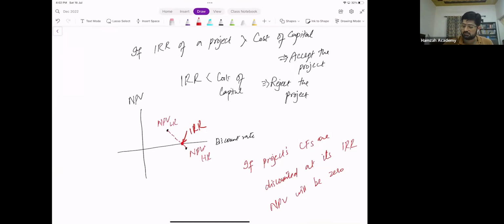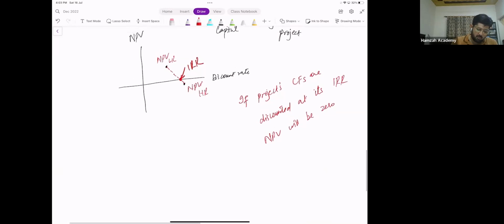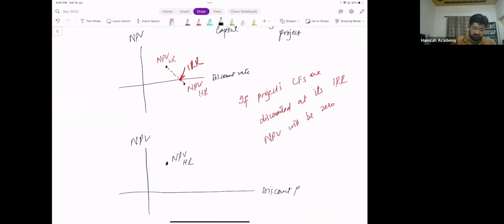Now, next. Let us proceed further. Student, for example, at both rates, NPV at higher rate is this, and NPV at lower rate is this.